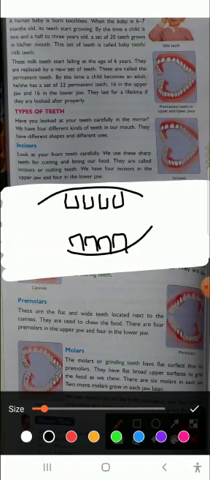After the incisors, you have to make the canines. These are known as tearing teeth with a sharp edge. Like this, you will make the canines. Now, for premolars, what will you do? You will draw it like this: 2 lines, join 2 lines, and again join like this.